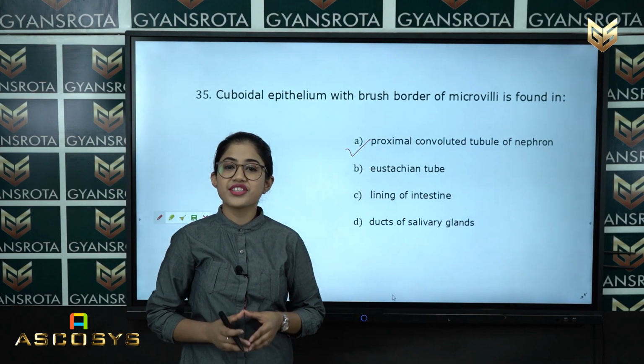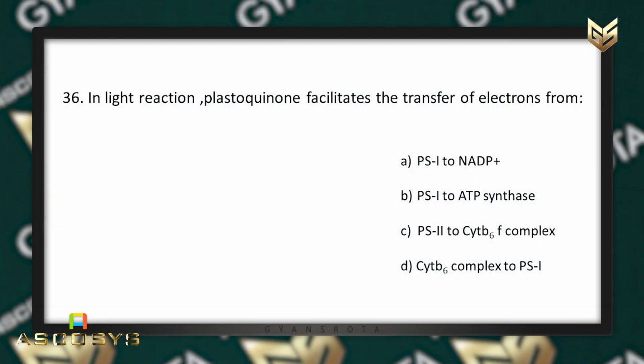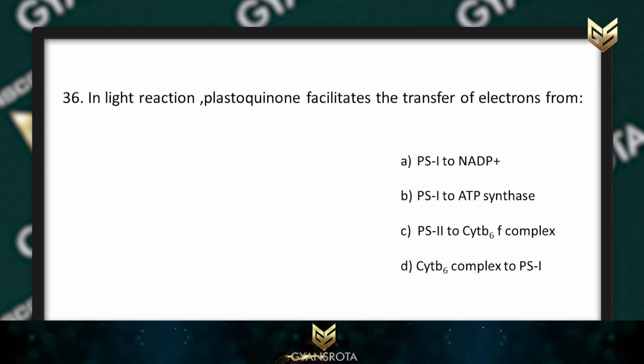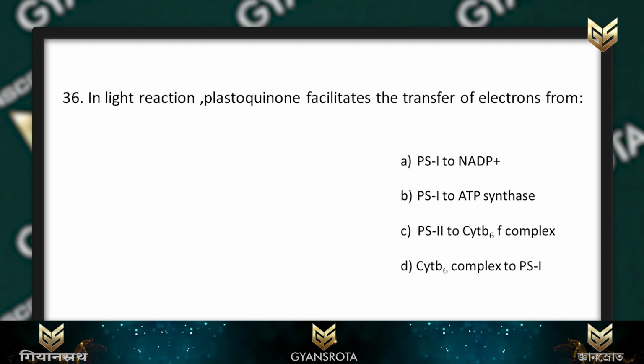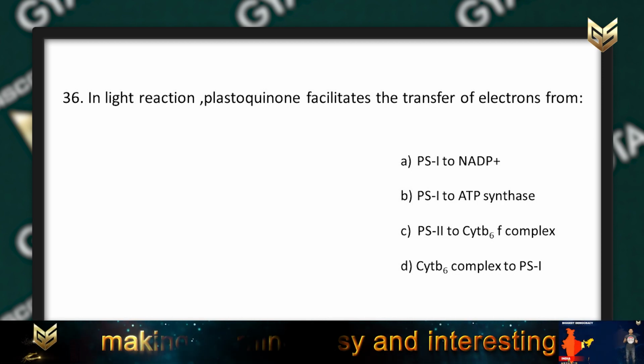Now, let us see the next question, that is question number 36. In question number 36, you can see, in light reaction, plastoquinone facilitates the transfer of electrons from option number A, photosystem 1 to NADP plus, option number B, photosystem 1 to ATP synthase, option number C, photosystem 2 to cytochrome B6F complex, and option number D, cytochrome B6 complex to photosystem 1.